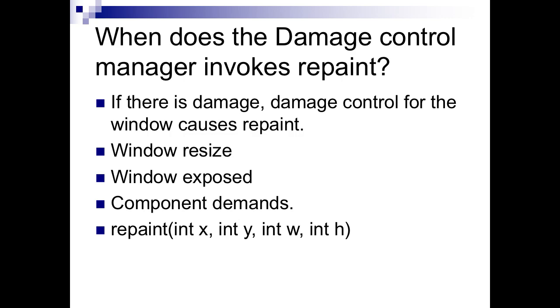And usually you can give a coordinate system for the repaint, which involves a rectangle. So you give the upper left-hand corner of the rectangle x and y, and the width and height of the rectangle. And it extends downward, so the origin's in the upper left-hand corner.